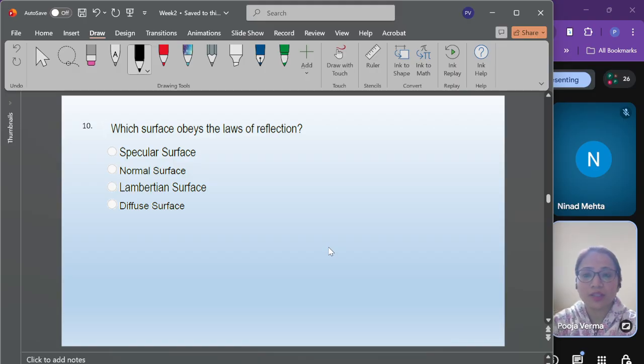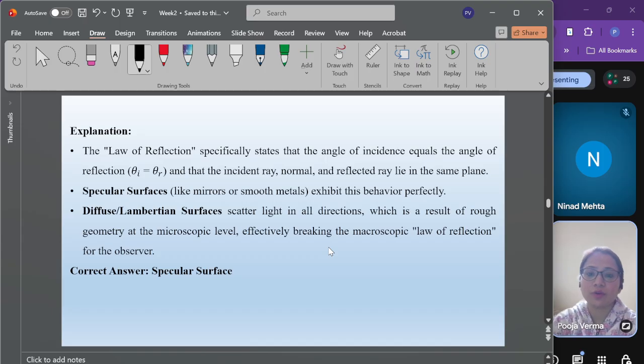So let's see the solution for this one. The law of reflection specifically states that the angle of incidence equals the angle of reflection, that is theta i is equal to theta r, and that the incident ray, normal and reflected ray lie on the same plane.